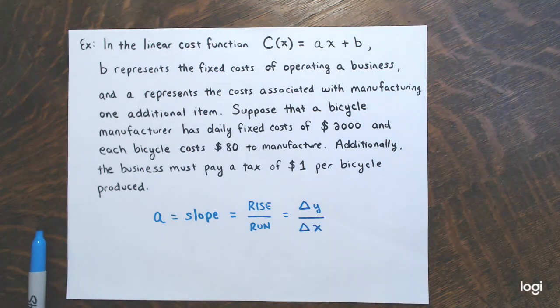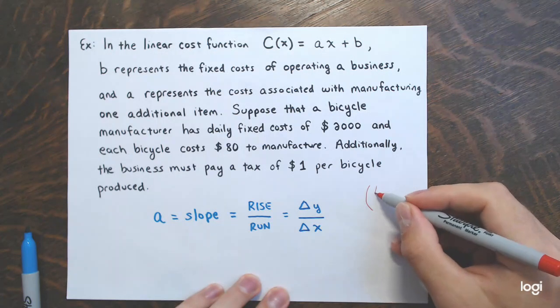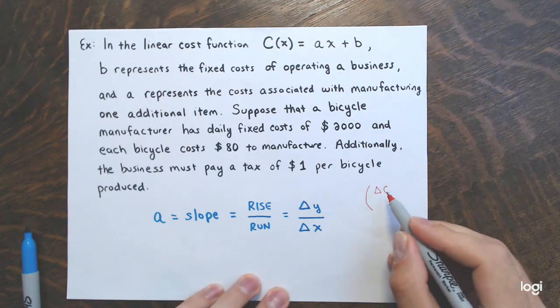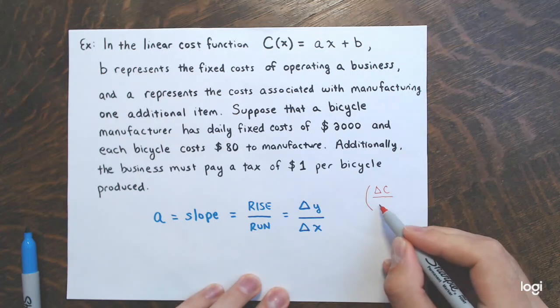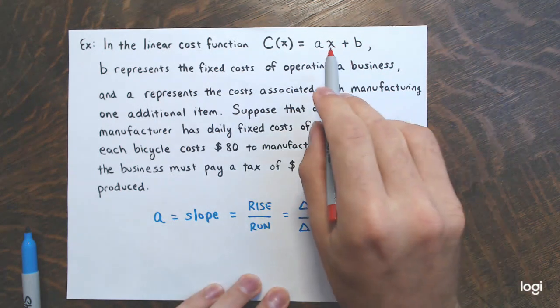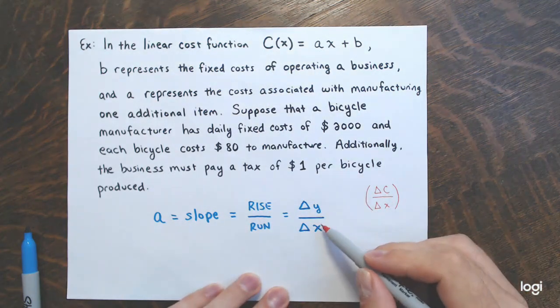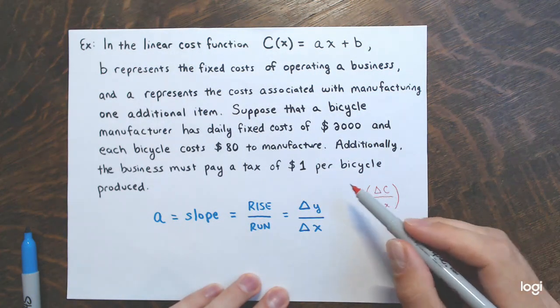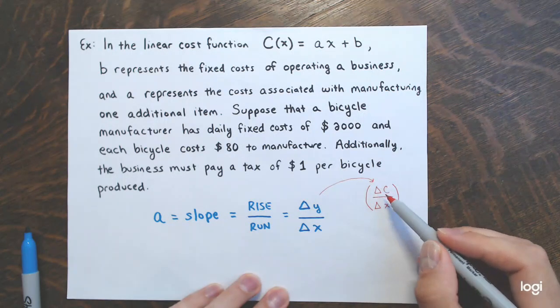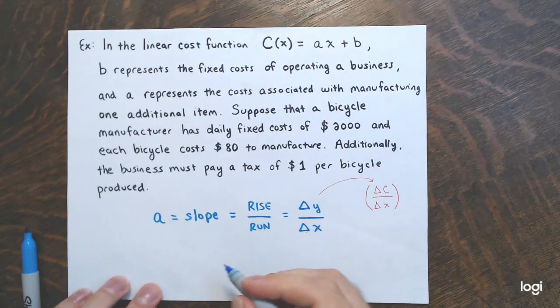Now in this particular example, this would be the change in C, the change in cost, divided by the change in x. The input is x and the output is C, instead of x and y. So it would be the change in C divided by the change in x. Oh, and by the way, that's what this little triangle symbol means.